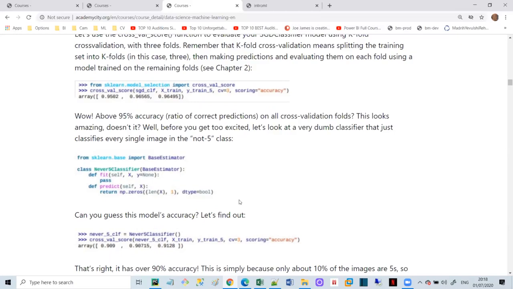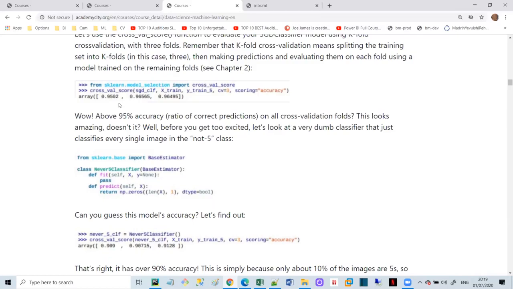I will be wrong 10% of the time because 10% of the data is 5. That's my error, but I will be right 90%. That's a stupid algorithm, and we have to find a mechanism to take care of it. Even a stupid algorithm can give 90%. Now you will say maybe 95 is not that good. In a minute, we'll reverse that and have a measure that is better than just accuracy.